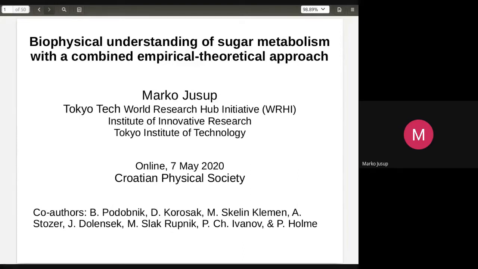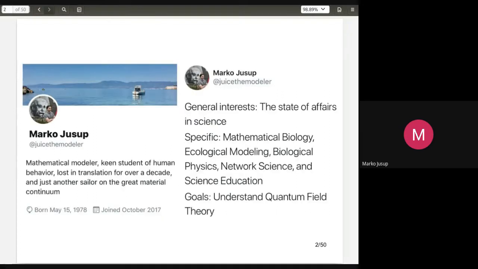scientific way. So let's dive straight, well, not really straight into the topic, because first I'd like to say a few words just about myself, because I suppose that at least some people don't know me. As a scientist, I started out as a mathematical modeler, and along the way turned into a keen student of human behavior.